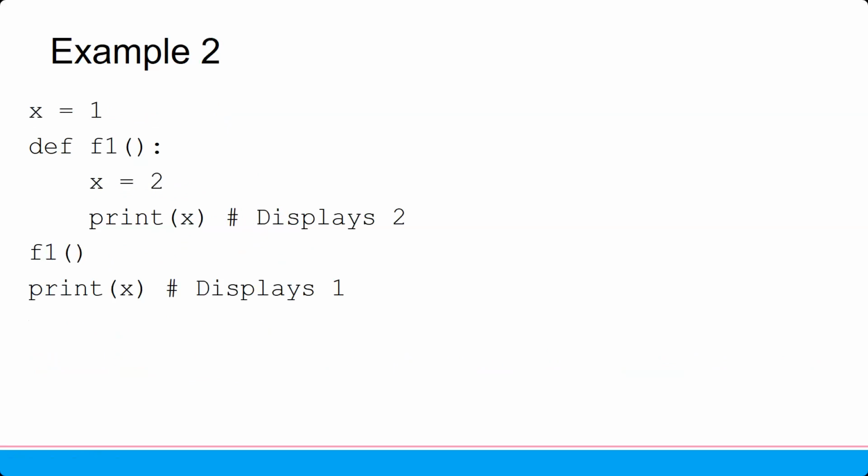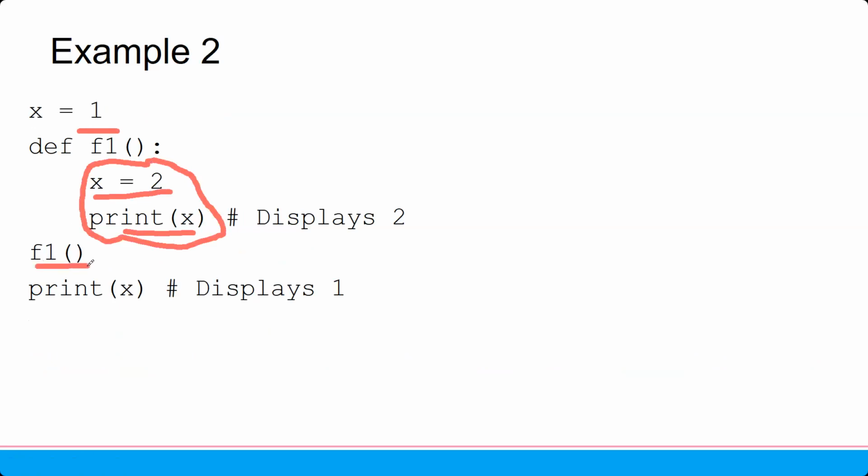So the second example, we have x1, and then we have a new definition, x2. So this print x will display 2 because x will be changed to 2 inside this function.